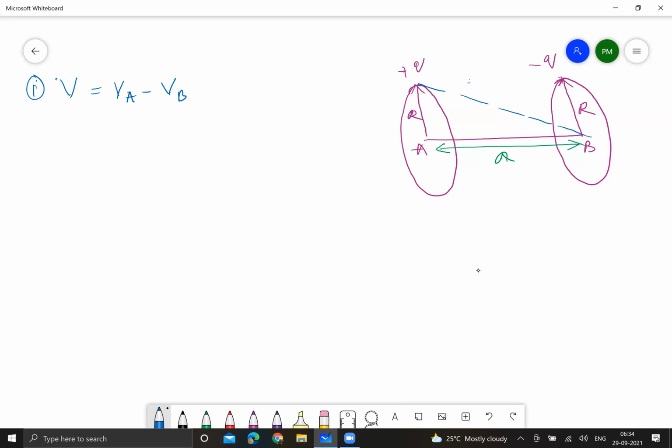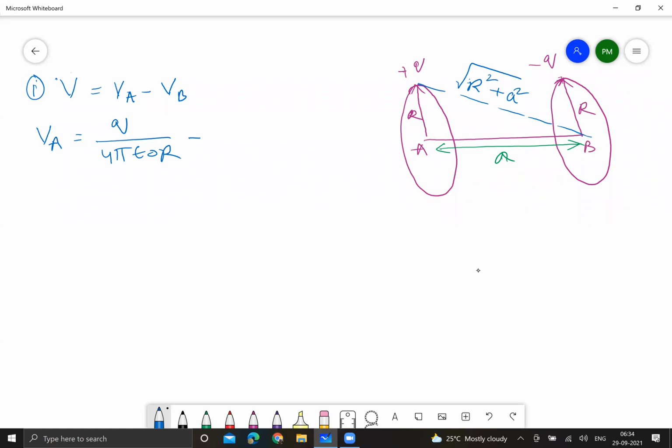This distance will be, of course, root of R square plus a square. The potential due to the first conducting ring, VA, will be: first, due to the first ring at the point A, it is Q by 4 pi epsilon 0 R. By the superposition principle, V1 plus V2.